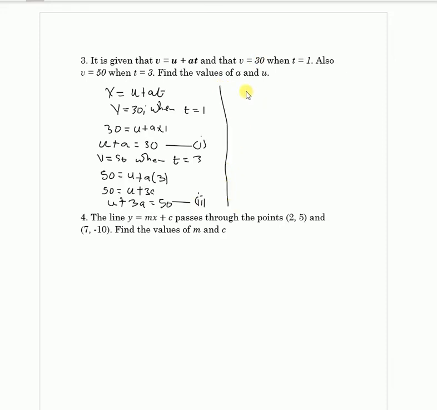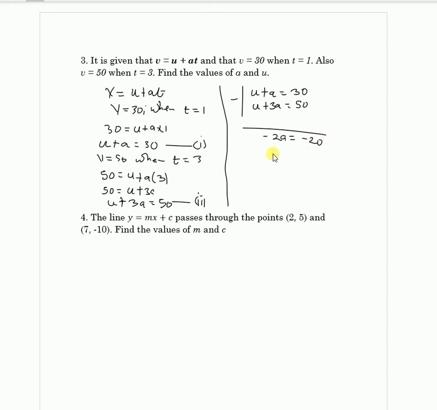Now from there I can put the two equations together: u plus a is equal to 30, then u plus 3a is equal to 50. u and u, we have some terms with the same coefficient, so we shall subtract here, and we have u minus u is 0, a minus 3a, that is negative 2a, is equal to 30 minus 50, negative 20.